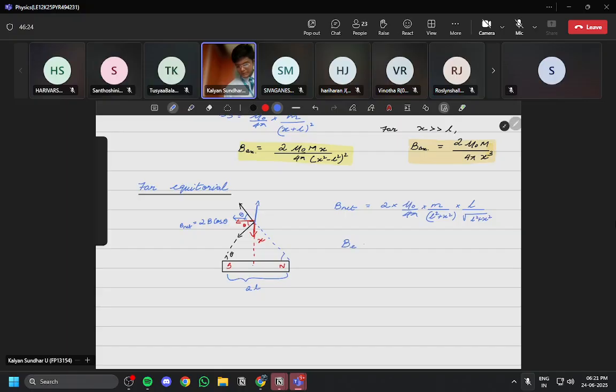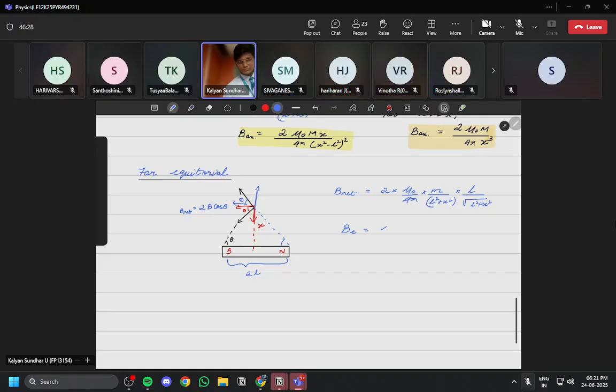So B at your equatorial point will have a value of mu naught by 4 pi into m divided by L square plus x square whole power 3/2.